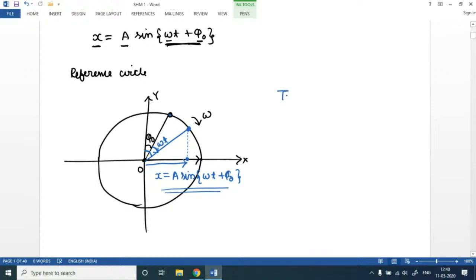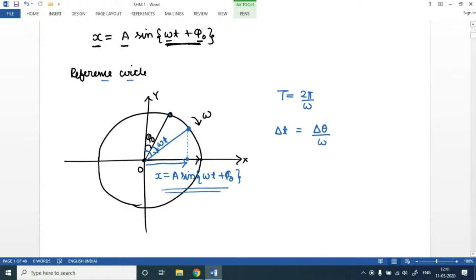So the time period would be 2π/ω, and Δt is equal to Δθ/ω, where Δθ is the angular displacement. Why am I introducing this concept of the reference circle? Because the motion of this particle along the x-axis is non-uniform.